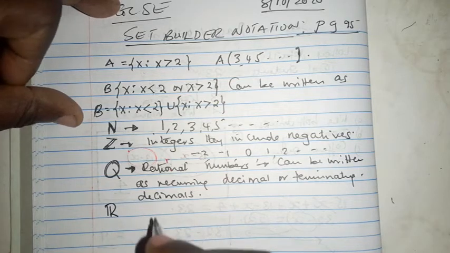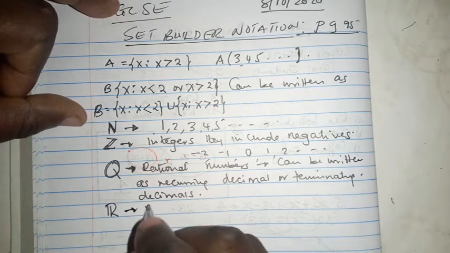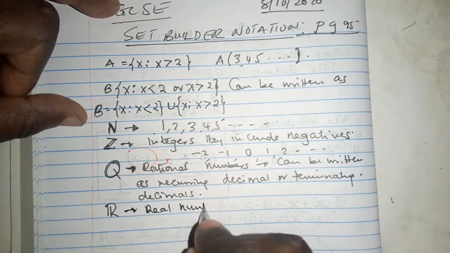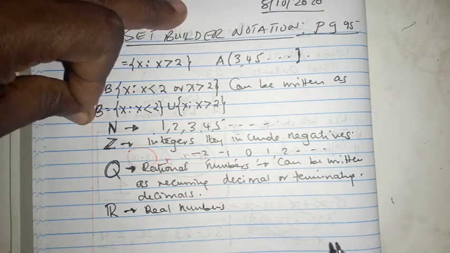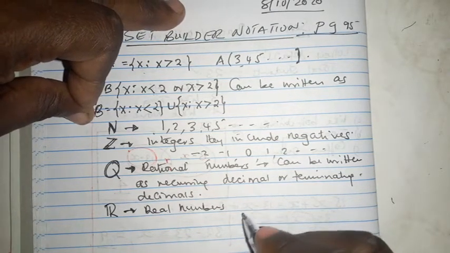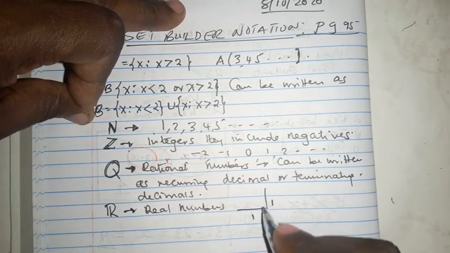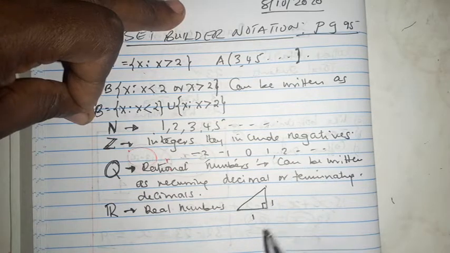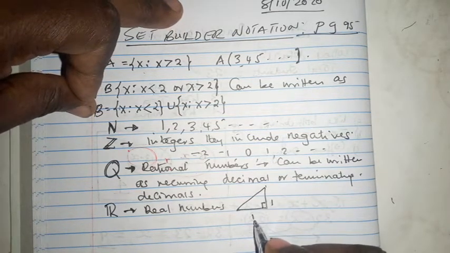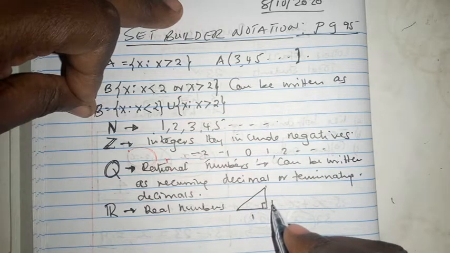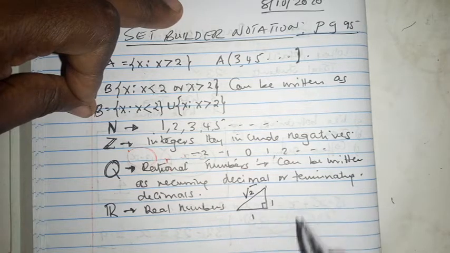But let's talk about R, the set of real numbers, numbers that make sense and are real. For example, you may have a right-angled triangle with sides 1 and 1. For the hypotenuse, according to Pythagoras, 1 squared plus 1 squared is 2, and the root of that is root 2.